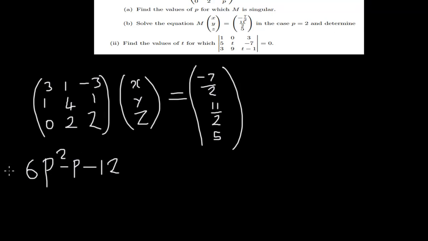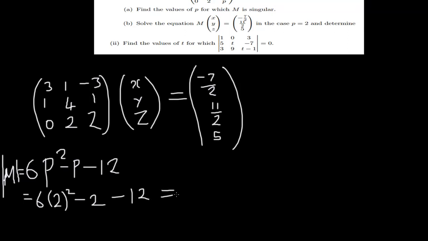So I'm saying this is the determinant of m. We just need to replace where there is p with 2. So we're going to have 6, where there is p we put 2, then minus 2 minus 12.